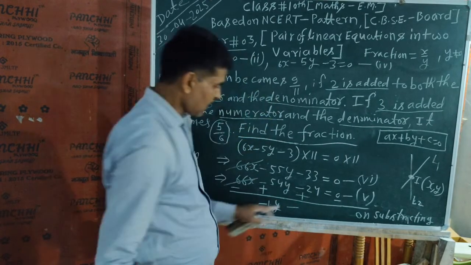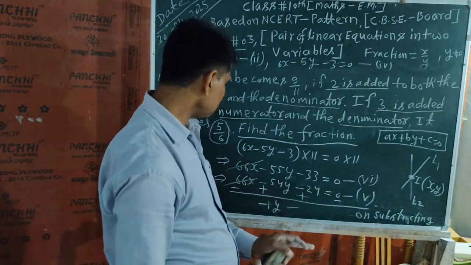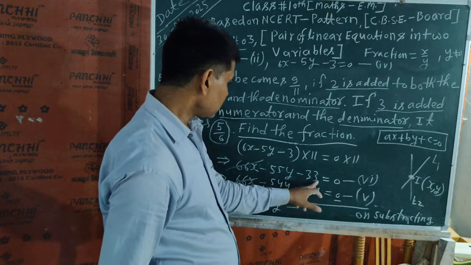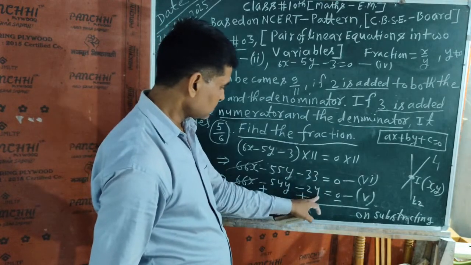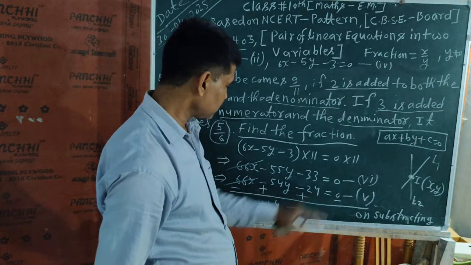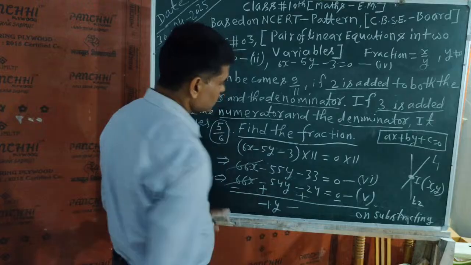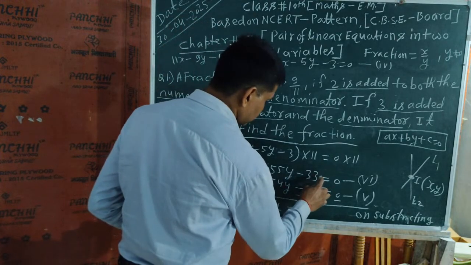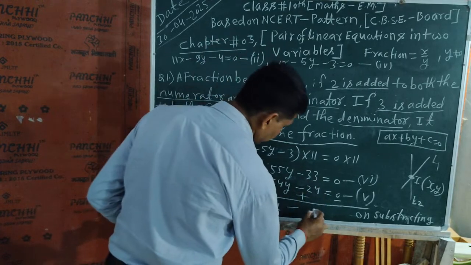And here 33 has a minus sign and this has a plus sign, so I will put minus here. I will subtract 33 from 24, which gives 9.